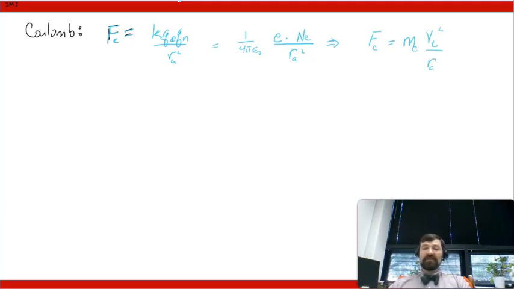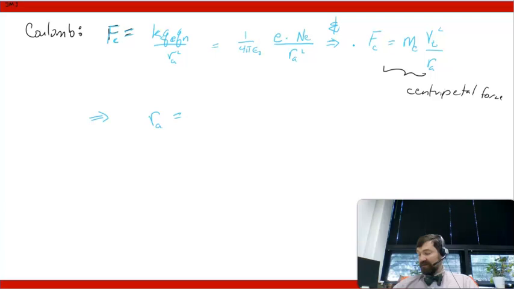This is using centripetal force. So if you put these two together, you can solve for what the atomic radius must be equal to. So this is the atomic radius of a generic atom with positive charges in the nucleus.